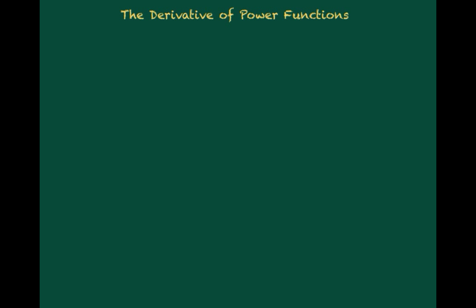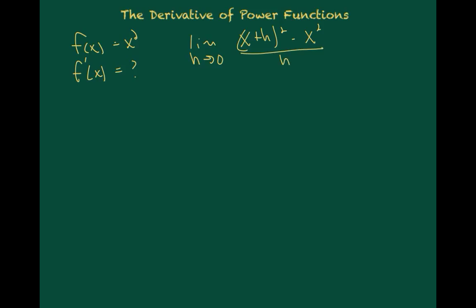Let's take a look at the function y equals, or f of x equals x squared. And let's figure out what would the derivative of that be. Well, we know that to find the derivative algebraically, we can take the limit as h goes to 0 of (x plus h) squared minus x squared over h.